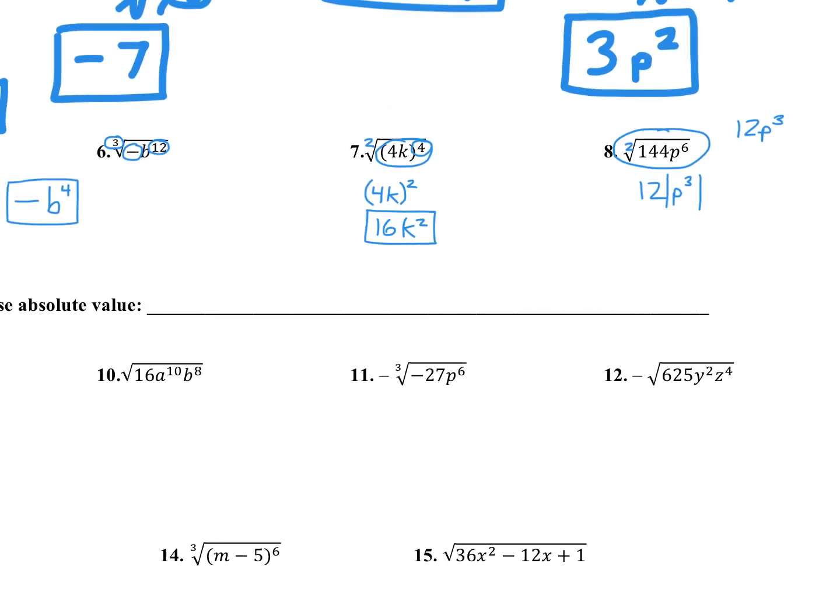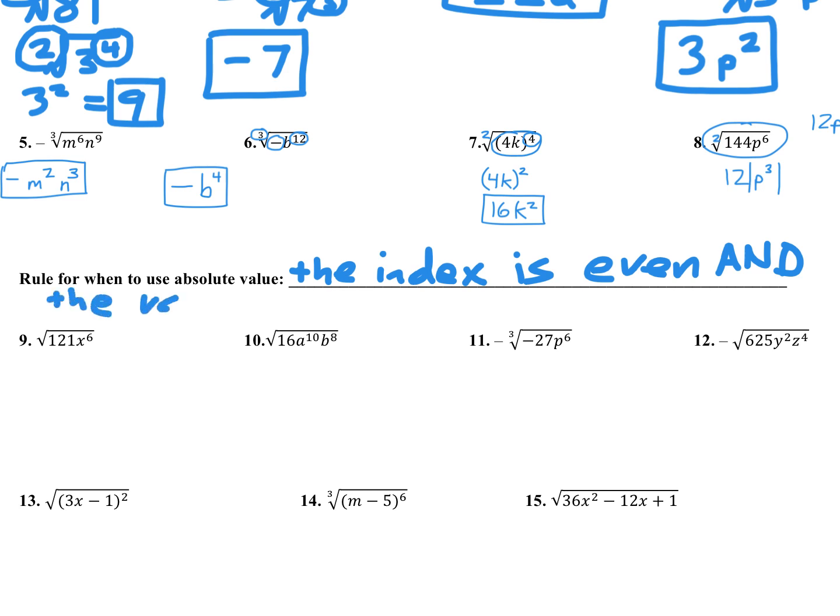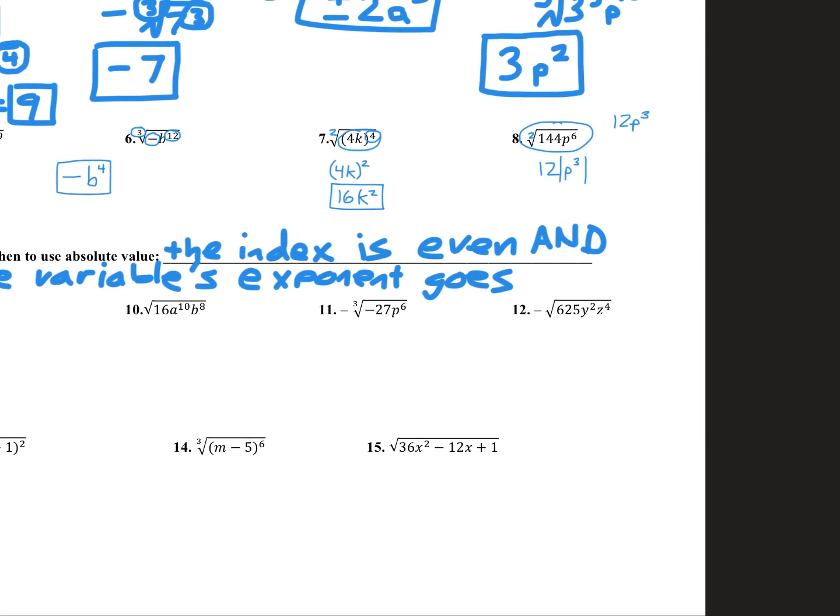The rule is you need absolute value when the index is even and, so not or, you need absolute value when the index is even and the variable, actually it's the variable's exponent goes even to odd.